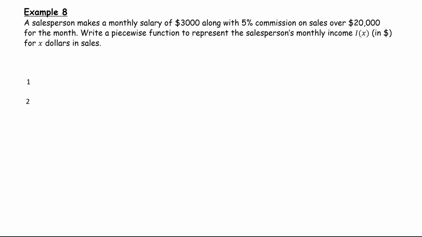Okay, so example 8. A salesperson makes a monthly salary of $3,000 along with 5% commission on sales over $20,000 for the month. So write a piecewise function to represent the salesperson's monthly income, I of x, in dollars, for x dollars in sales. So there are two situations.